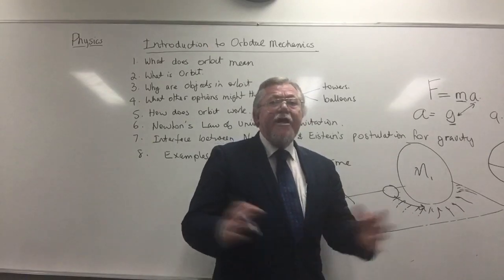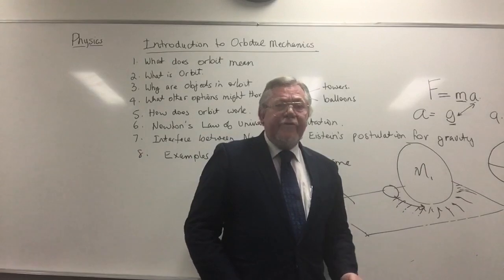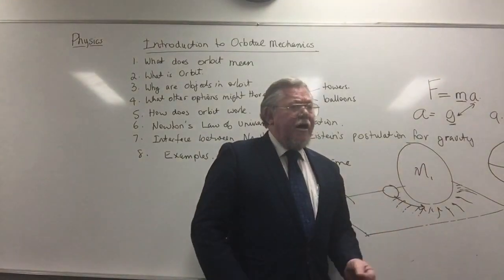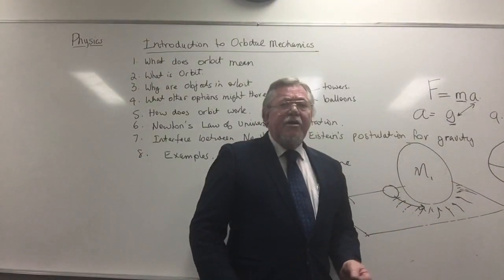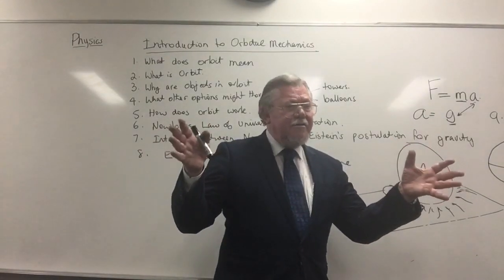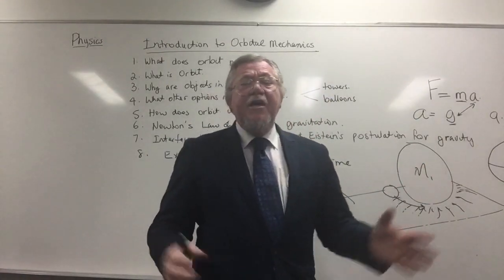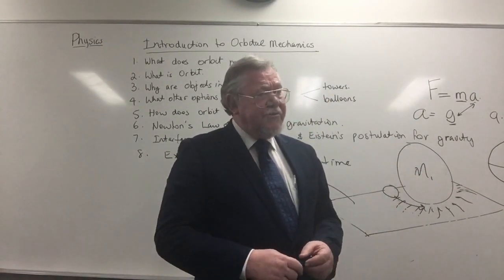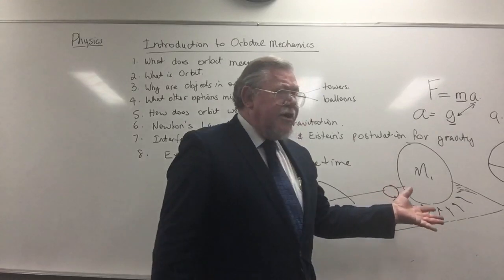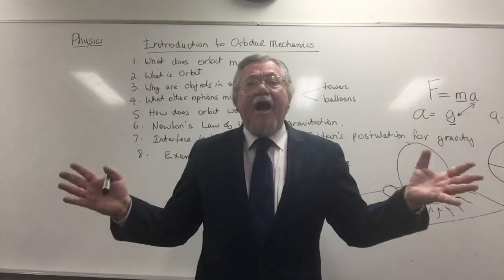Okay? So there is a clear interface between what Newton observed, what Newton calculated. There's a clear relationship between that and what Einstein did. In fact, we can show this to be the case using formulas, both what Einstein produced and what Newton produced, and they match each other.